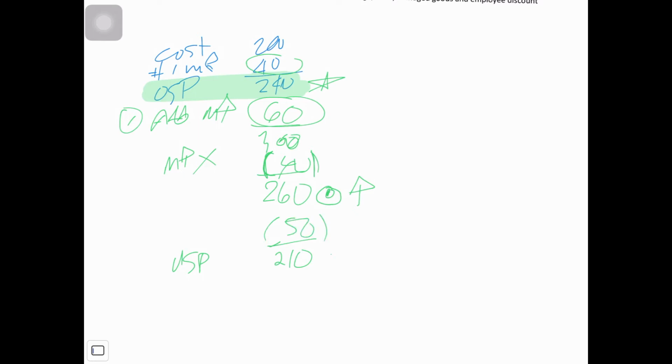This is a markdown because the selling price is lower than the original selling price. But the entire 50 is not the markdown, because we have a net markup of 60 minus 40, which is 20. We utilize that first, so the markdown is 30. We deducted the 20 net markup to make it 50. We do not include the initial markup, guys, because it is not involved.